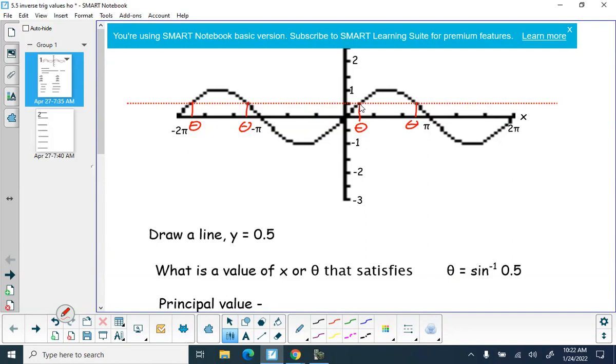What we have here are values of theta so that when we take the sine of these values of theta, we get 0.5.